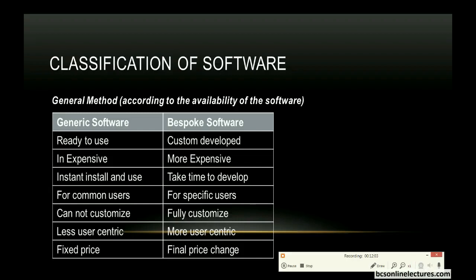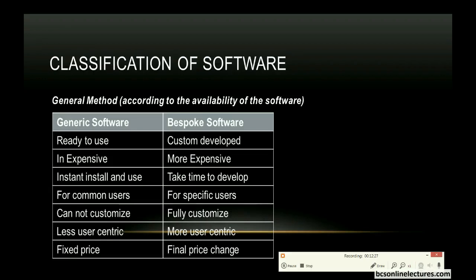Generally, this generic software has a fixed price. If you want to buy a software from the market, for example, Illustrator or Photoshop, there's a fixed price for that. Even for Microsoft Office package, there's a fixed price. Windows, there's a fixed price in the market. But for the bespoke software, there is no fixed price.